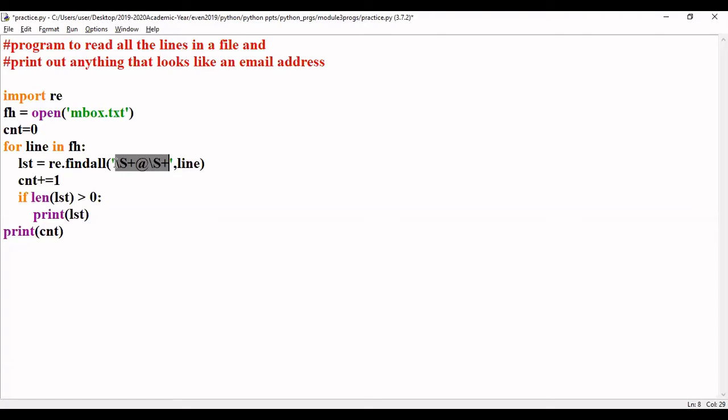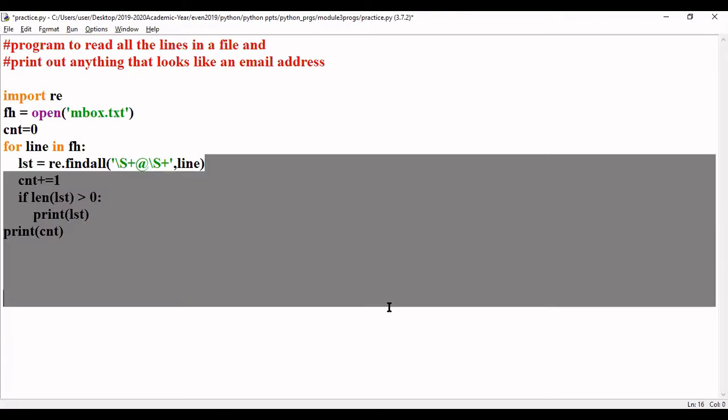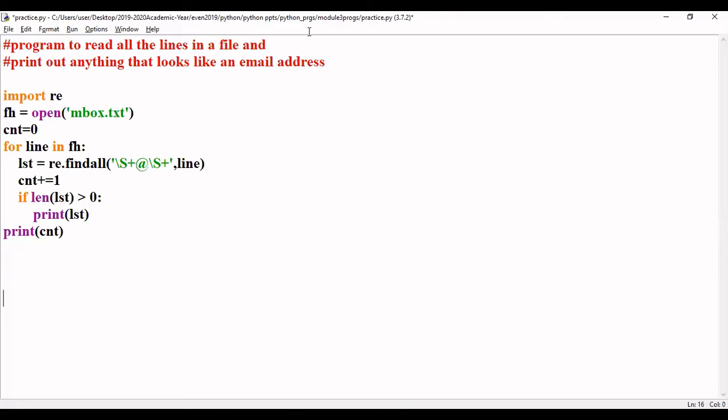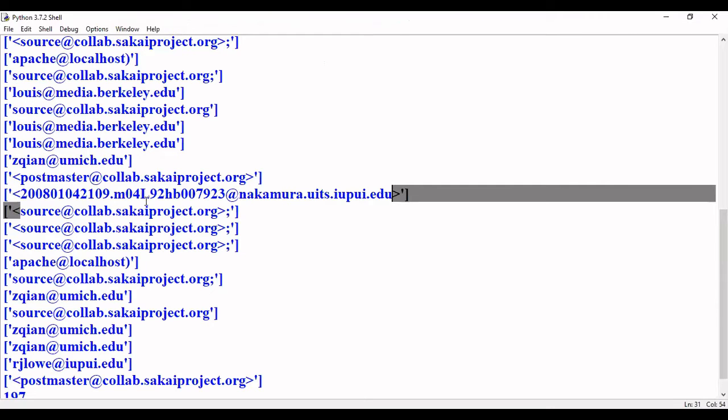Added to the above regular expression, what does our email address contain? If you see, the email address contains numbers, it contains letters, even small letters.